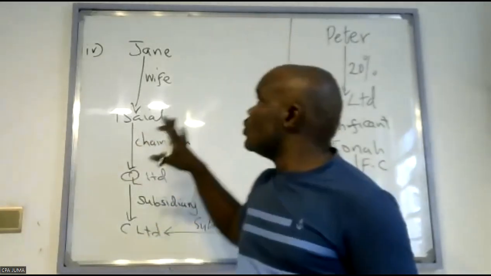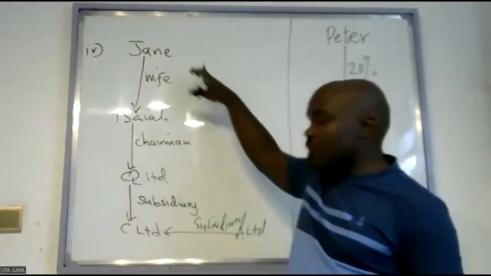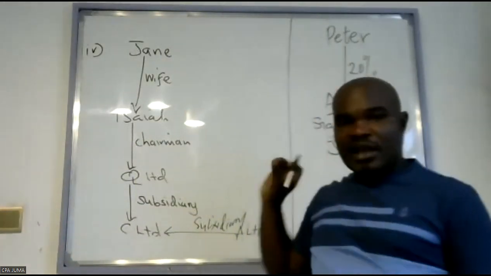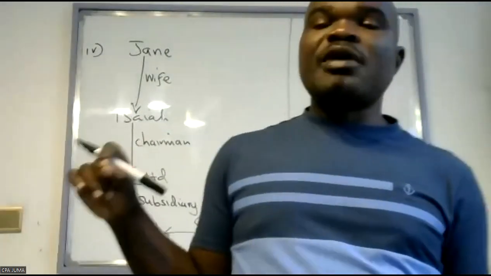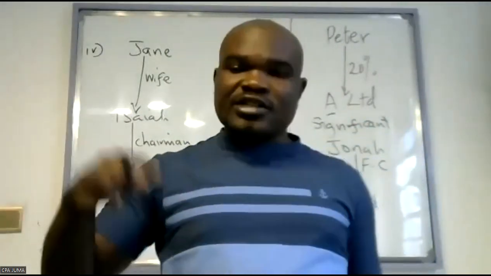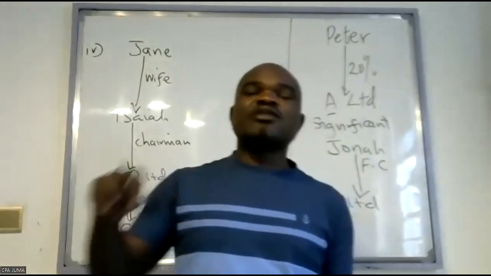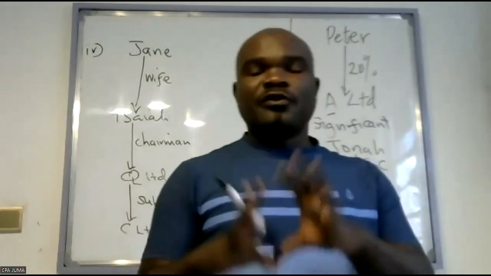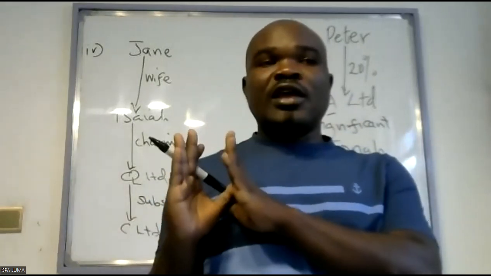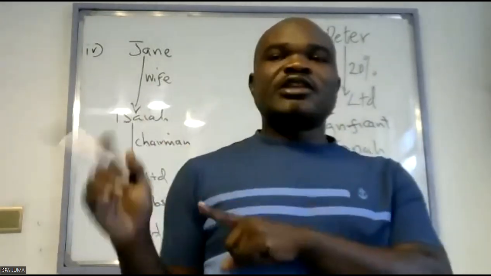So from the view, yes, Jane is a related party to A. But you must put the word however. However, if Jane is not capable of influencing Isaiah's decisions or dealings with the companies, then Jane is not a related party. So for family members, you have to give the yes and the no answer at the same time.